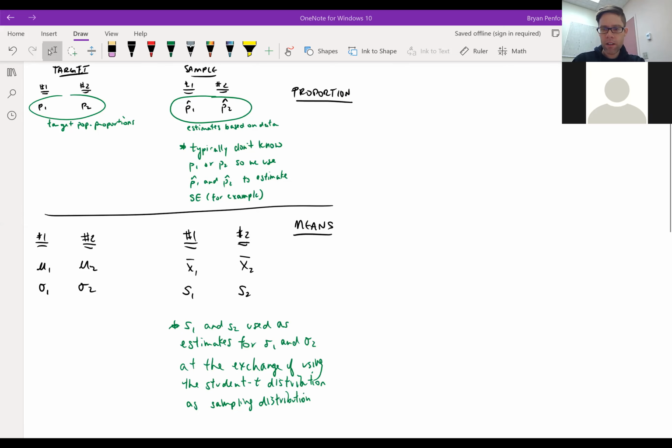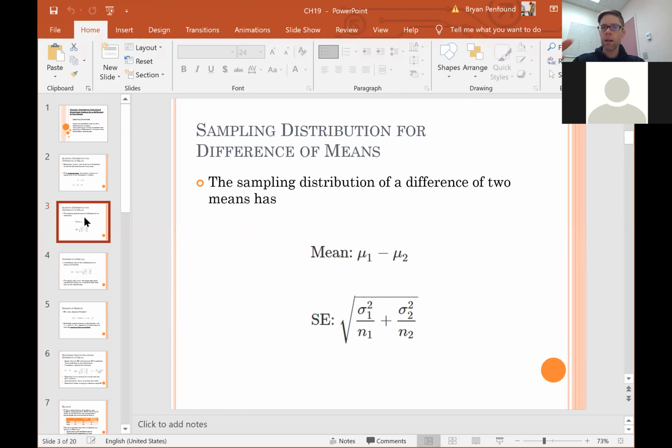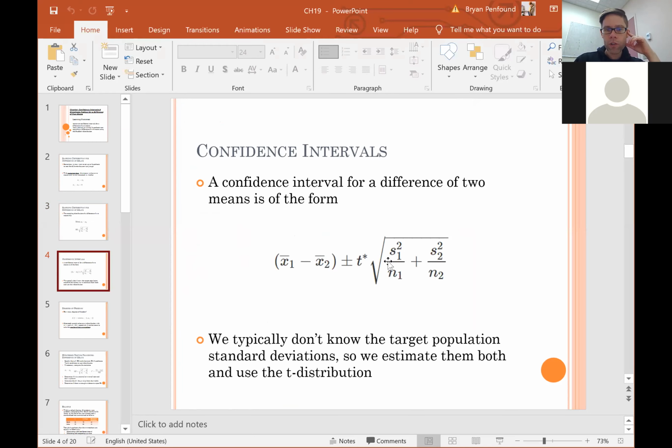So as we pop back into the notes, what you'll notice is that up here, we talk about the sampling distribution having this particular mean and this particular standard error. If we happened to know sigma 1 and sigma 2, we could use the normal distribution. This is going to be a normal sampling distribution, but we don't know sigma 1 and sigma 2. So we alter our formulas.